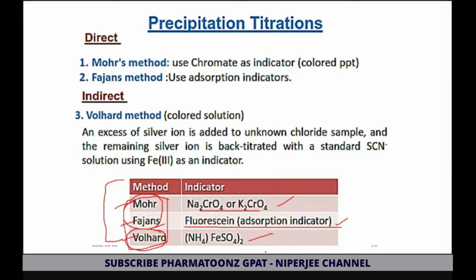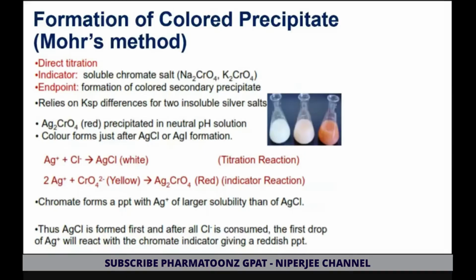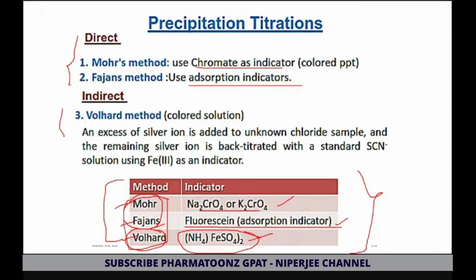And ferrous ammonium sulfate, which is called Mohr's salt, is the indicator used in Volhard method. So this is a very important thing. In Mohr's method, as I said, chromate; Fajans, it is an adsorption indicator. And these two are direct titration, this is the indirect.